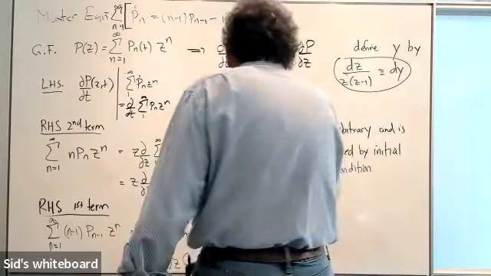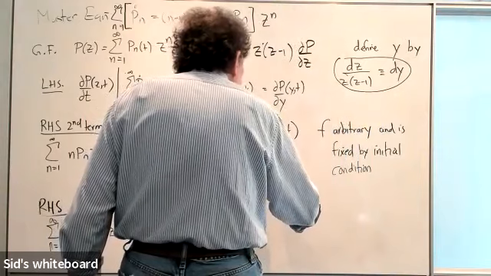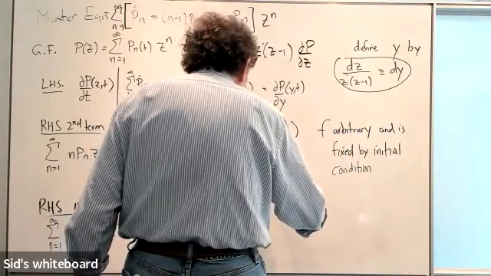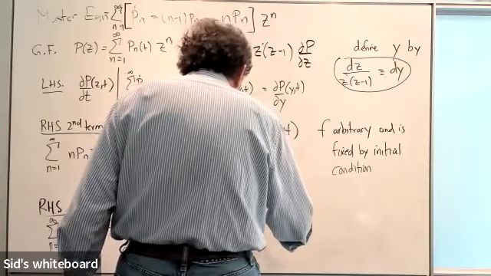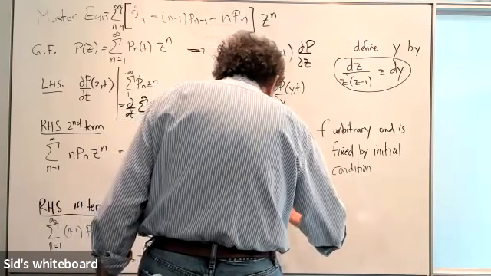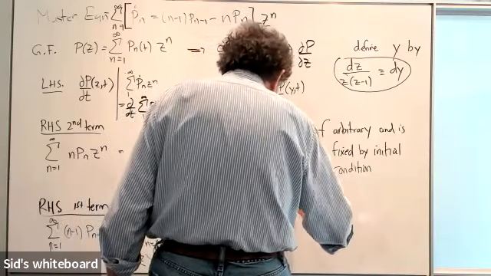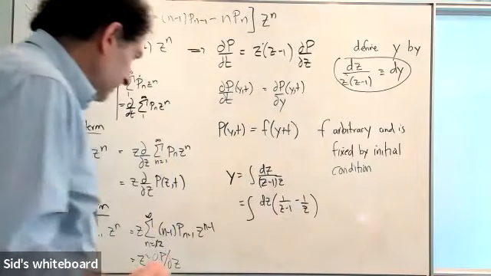So we have that y is equal to the integral dz (z minus 1) over z. And I can write this as dz, and here I'll write this as 1 minus (z minus 1) over z. I think that's correct.